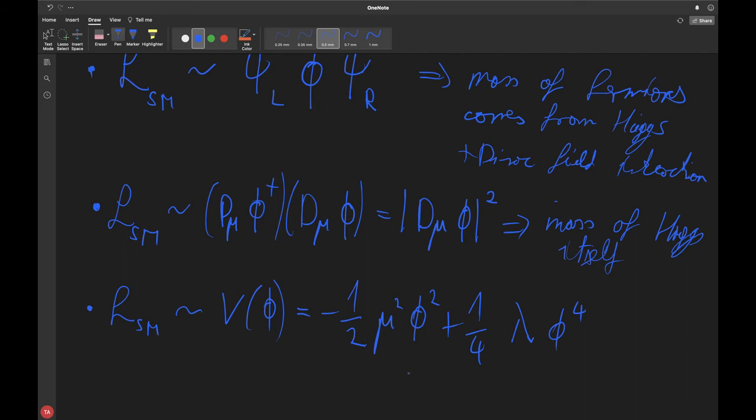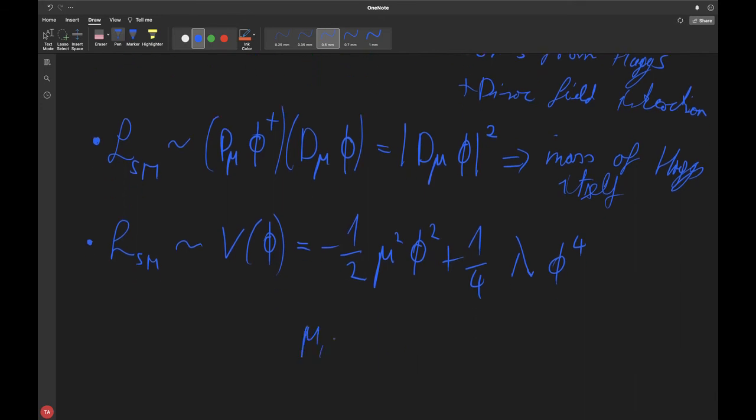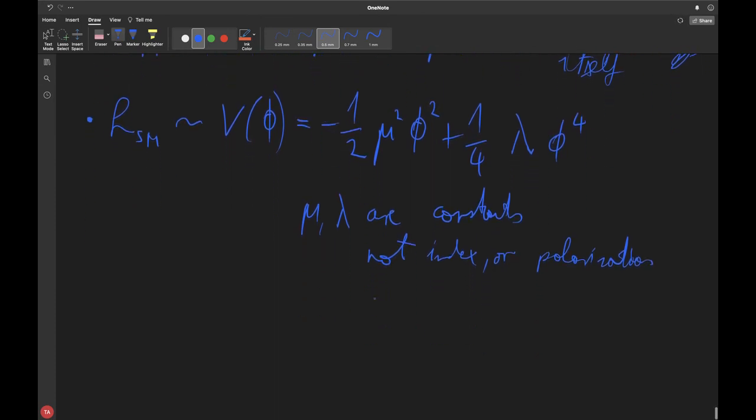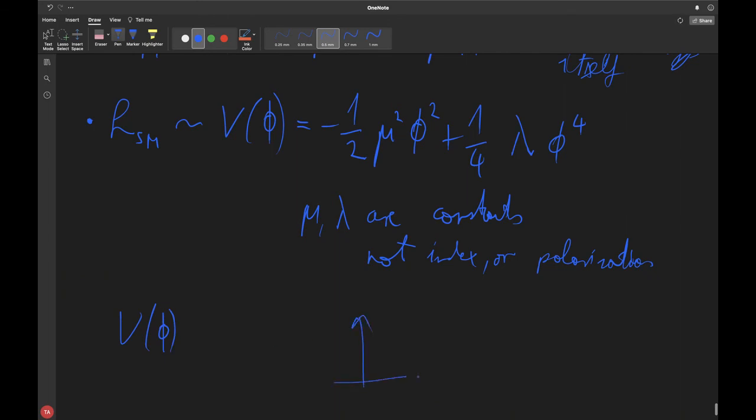These are just constants for the potential, not indexes or polarizations. And so actually this V looks like the so-called Mexican hat. If you were to plot this, you would see something like this. This is the V of phi, and phi was here.